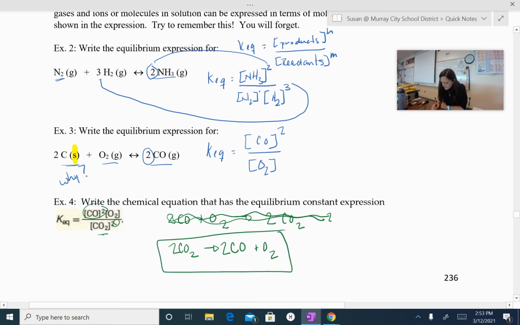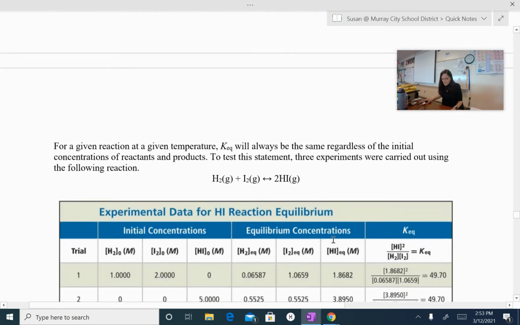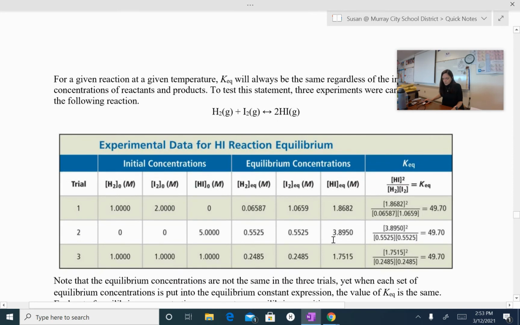This is our equation. Remember, products are on top and reactants are on the bottom. Now it's kind of hard because we always want to put the top first and the bottom second. It's reverse. Products are on top. The reactants are on the bottom. Okay? All right. So here we go.